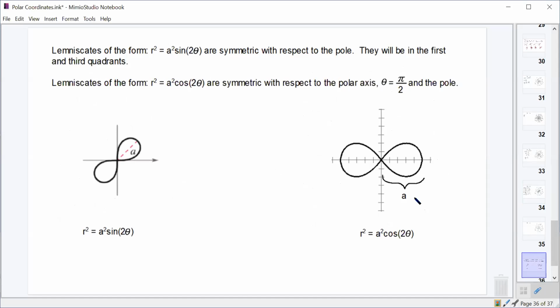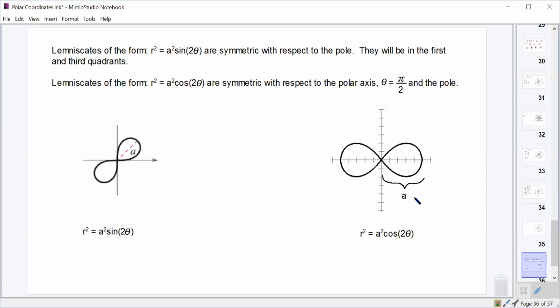So we'll go back and graph the cosine one also, but it's easy enough to see. Sine ones are always going to be at a diagonal, where that first petal in the first quadrant goes out to pi over 4. And the cosine ones are always going to be across the polar axis, where they literally look just like an infinity symbol.